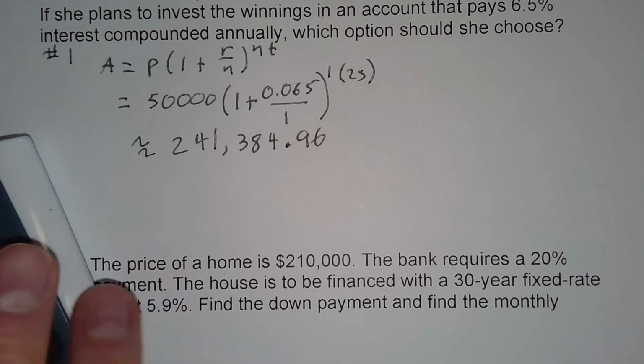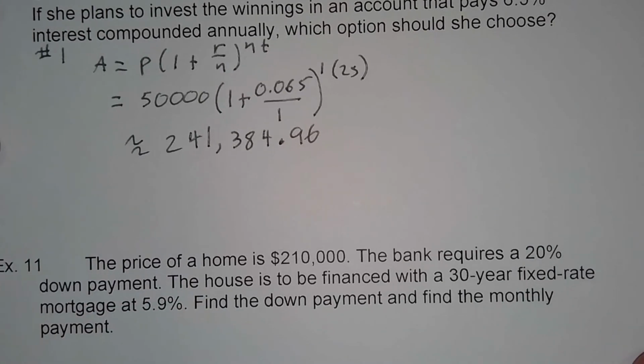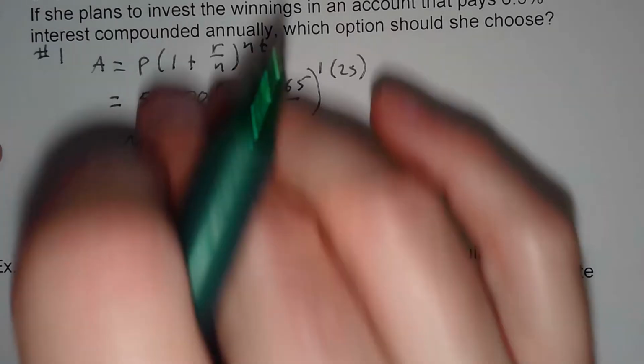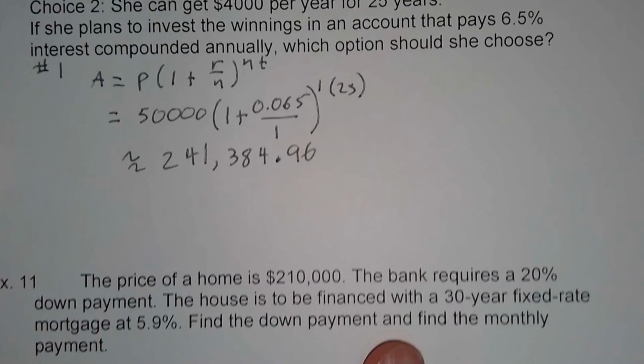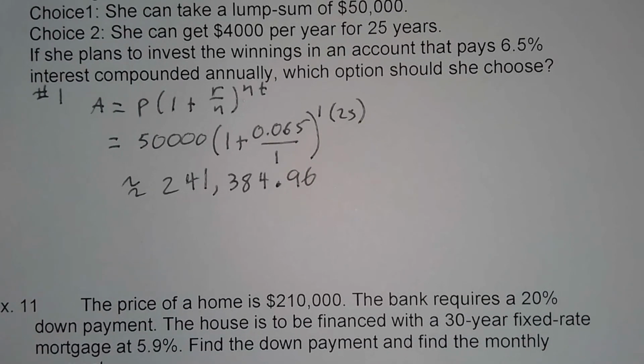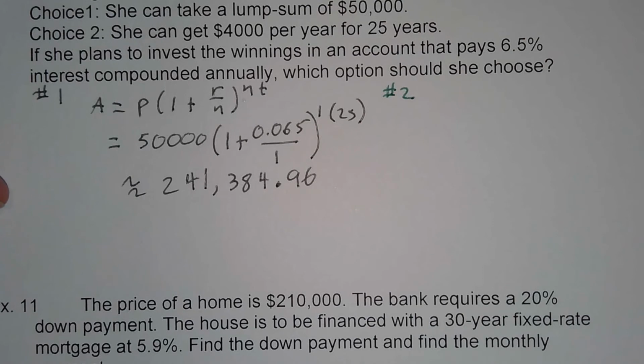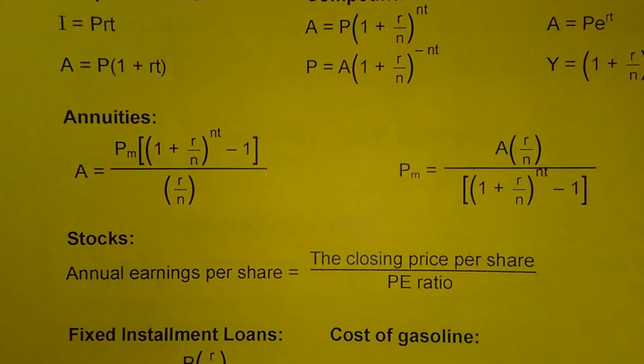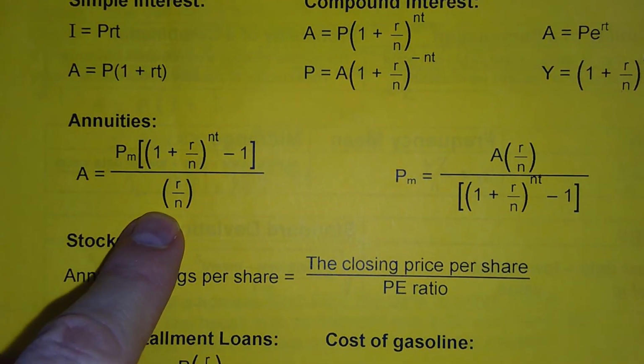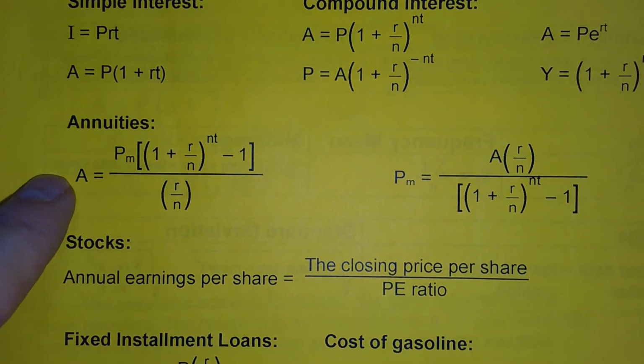Option number 2, she gets $4,000 per year for 25 years. You might think that's the better option, because if we take 4,000 times 25, that would give us 100,000. Well, let's see. If she's making periodic payments, we have to use our annuity formulas. So we're going to use this one here, because we're trying to figure out how much she has at the end.